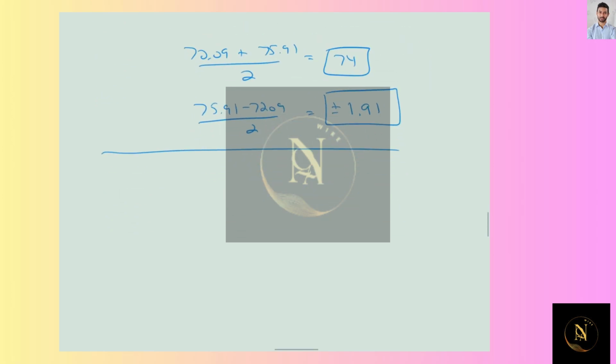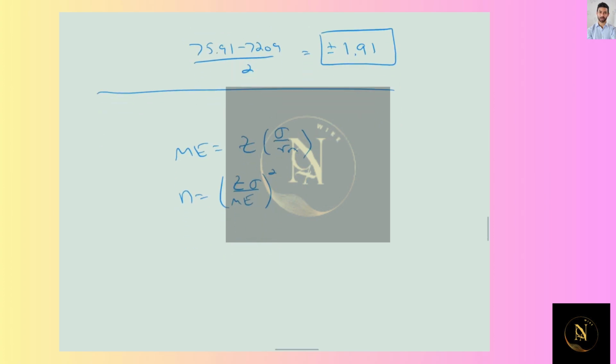To determine the sample size used in the study, we can utilize the formula for the margin of error of a confidence interval. And with substitutions, or just rewriting this, which we did before as well.